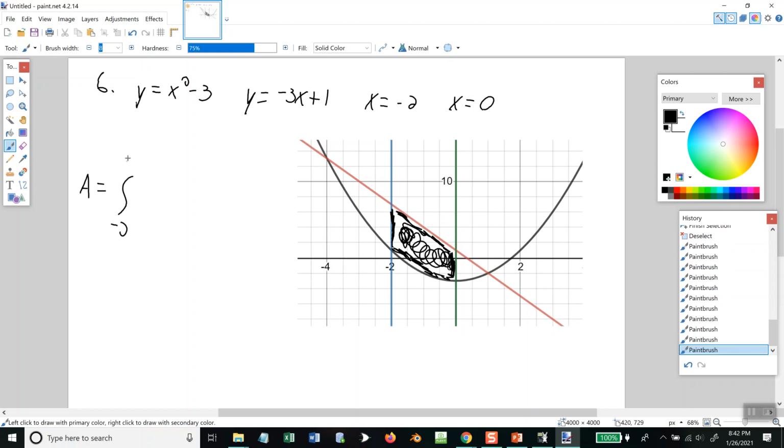Negative 2 to 0. And what goes first? The line, so negative 3x plus 1, because the red is above. And then minus the one that's below, which is this curve here, x squared minus 3. And then dx.